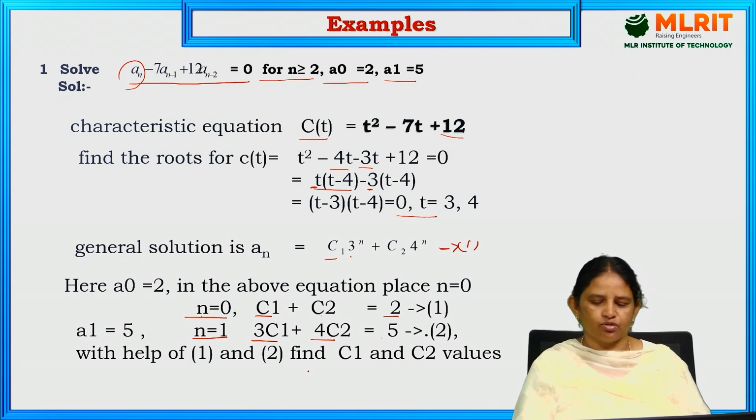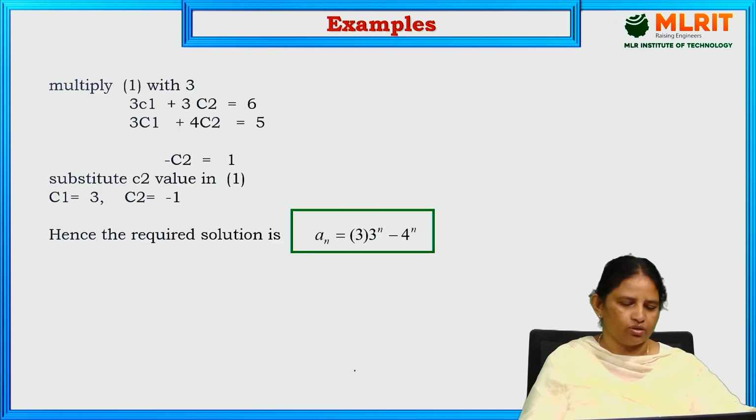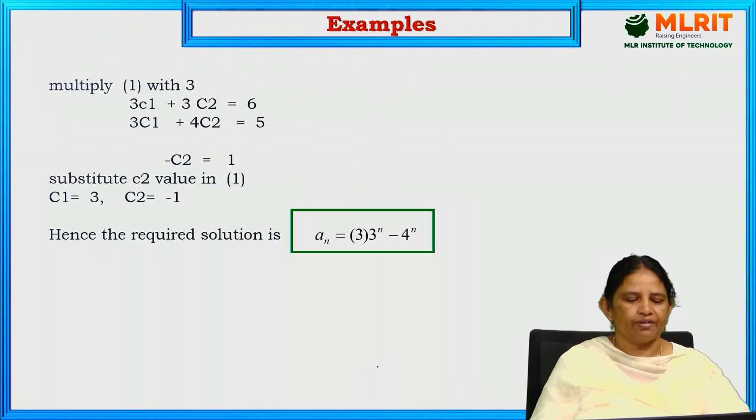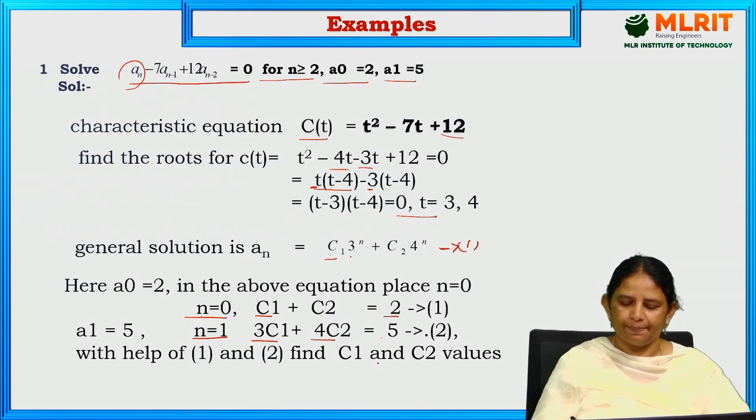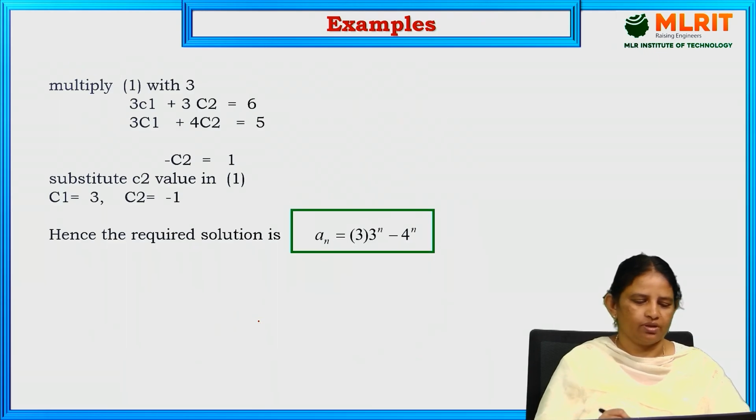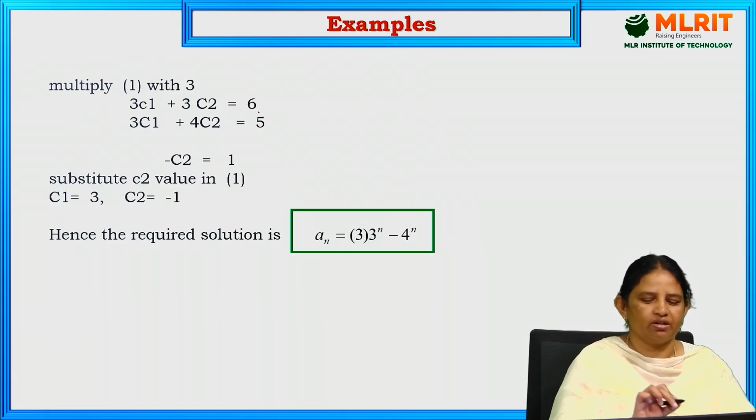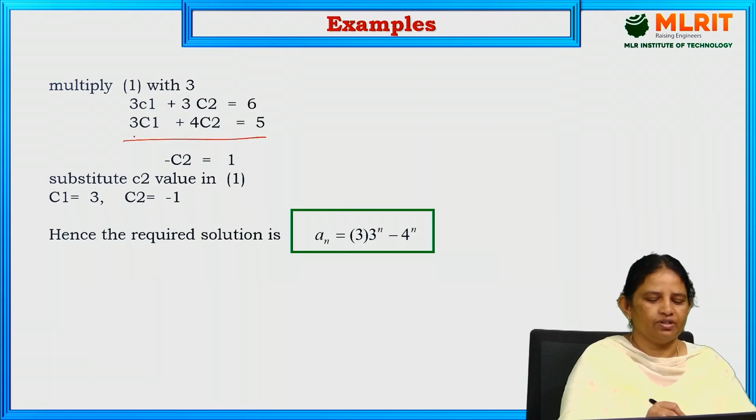Now we need to solve equations 1 and 2. Multiply equation 2 with 3, we get 3c1 plus 3c2 equal to 6. Then we subtract; 3c1 gets cancelled, c2 equals minus 1.